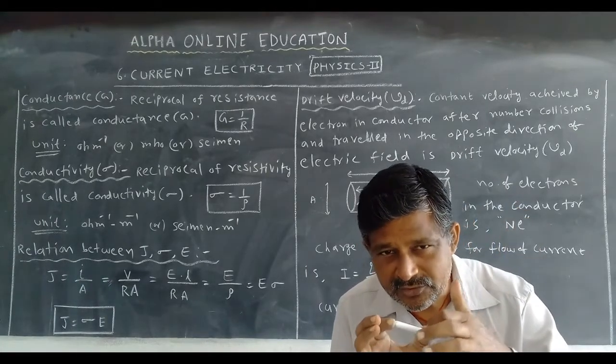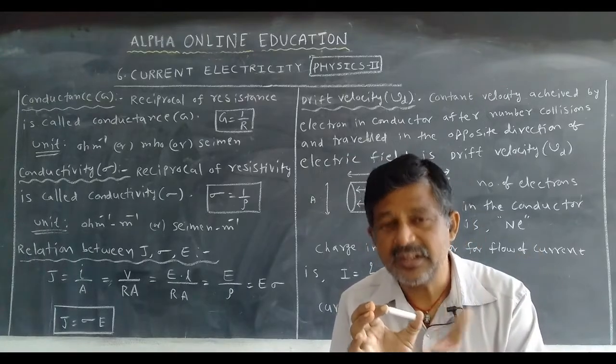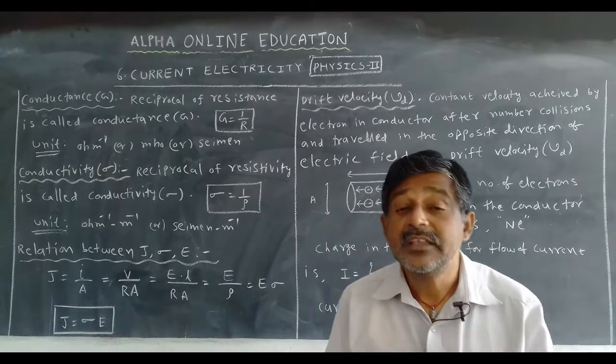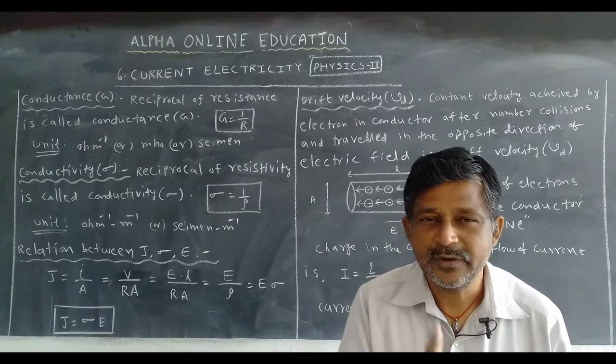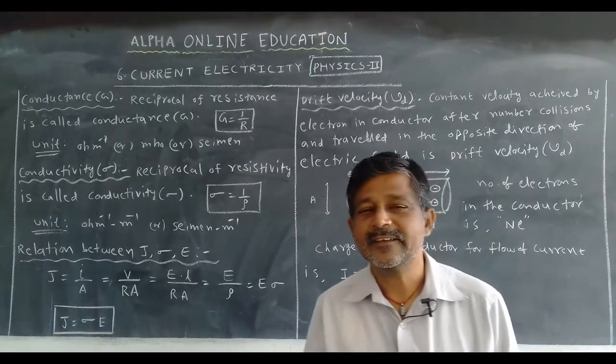Current flows means the charges flow through the wire. In that situation, we use the technical word drift velocity.